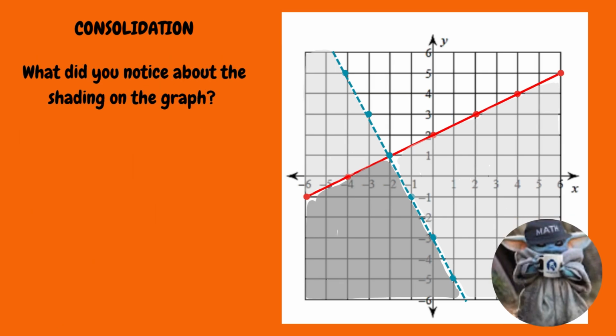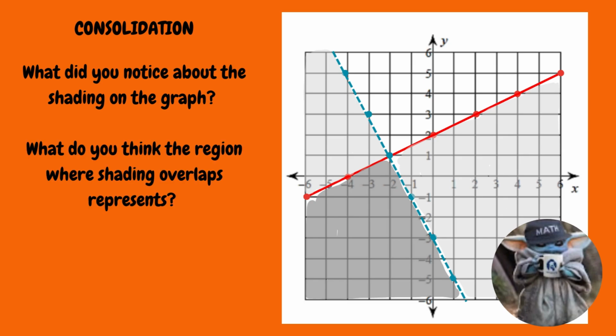This time we want to ask the students what they notice about the shading on the graph. And they are going to mention that the bottom left portion of the graph is where the shading for each inequality has overlapped. At this time, we prompt the students with a question so they really start thinking about what that region of overlap represents. And we just want students to really share what they think it is.